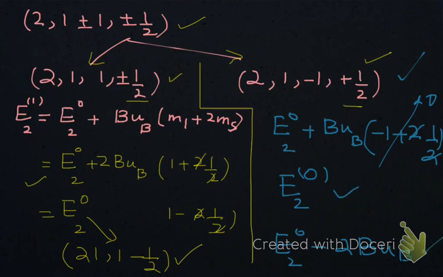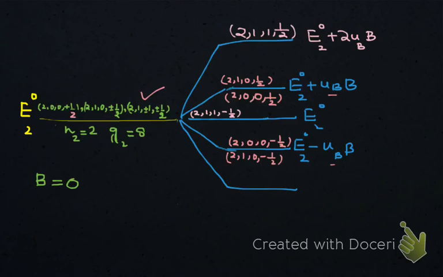So now we plot in the figure. This level is E2 naught minus 2 mu b into b, and the level is 2, 1, minus 1, minus half. Here E2 naught again has its level, 2, 1, minus 1 and plus half.